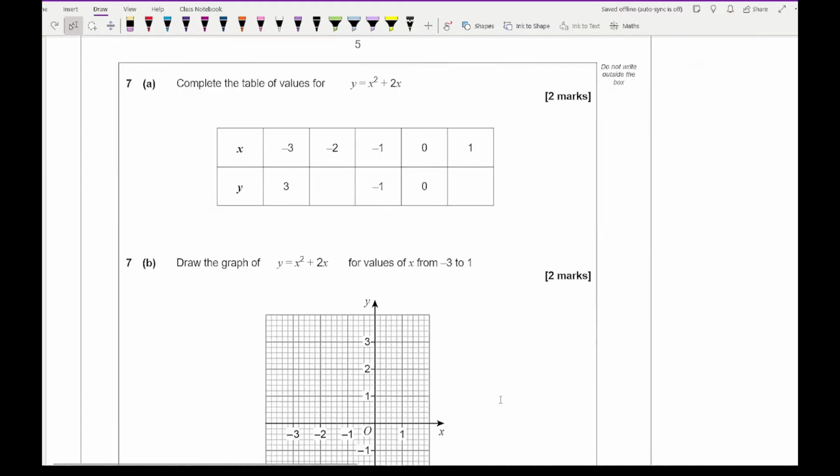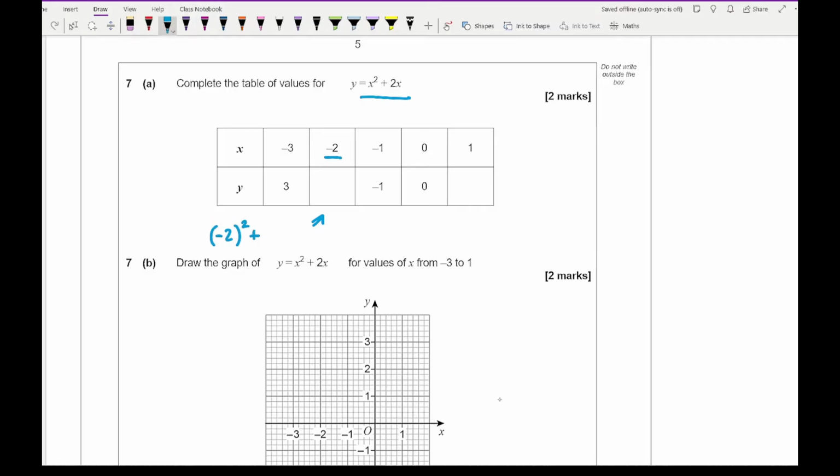Moving on to question 7a, it says complete the table of values for y equals x squared plus 2x. So for this, all we need to do is swap the x value in the table with the x in the formula. So to work out this number here, I'm going to do minus 2, and I'm going to put it in brackets because it's a negative number, squared plus 2 lots of minus 2.